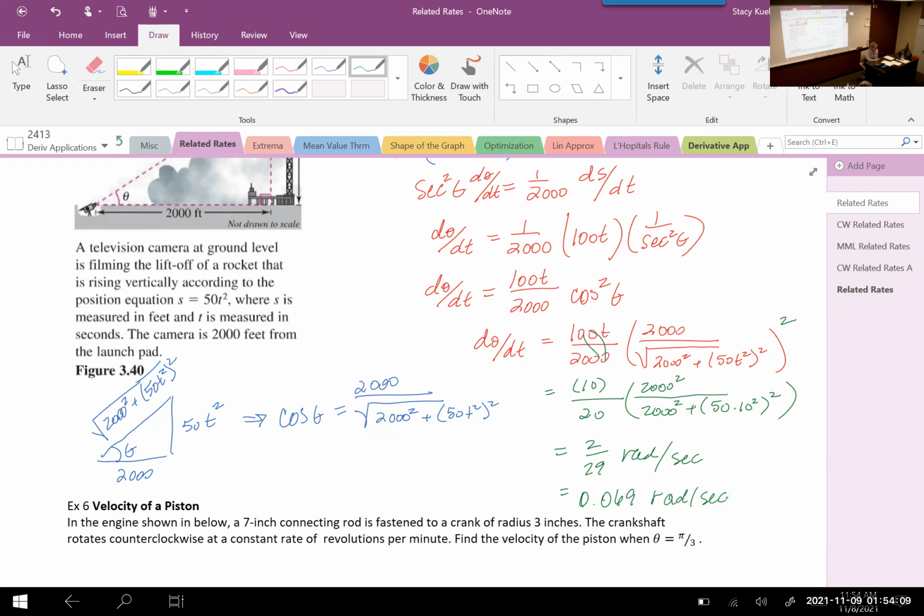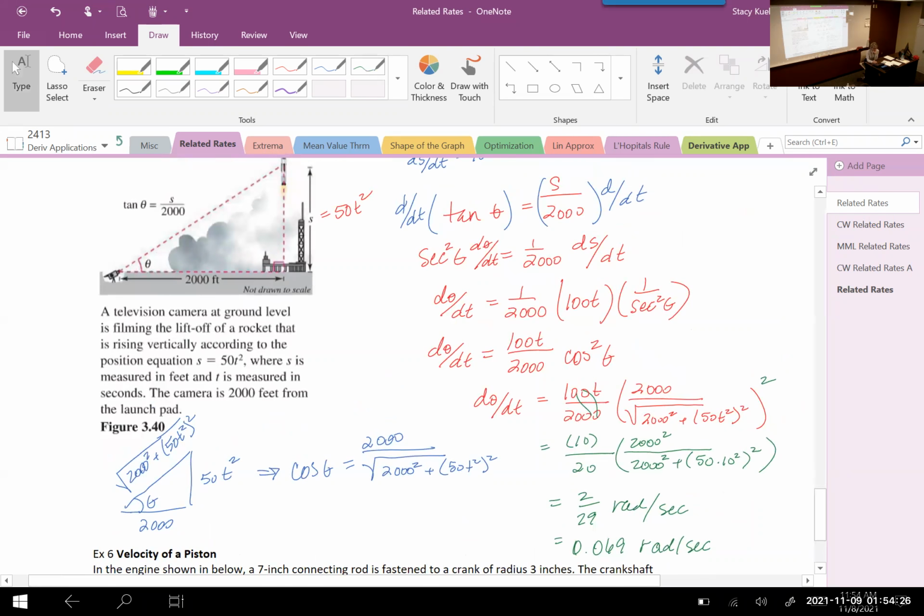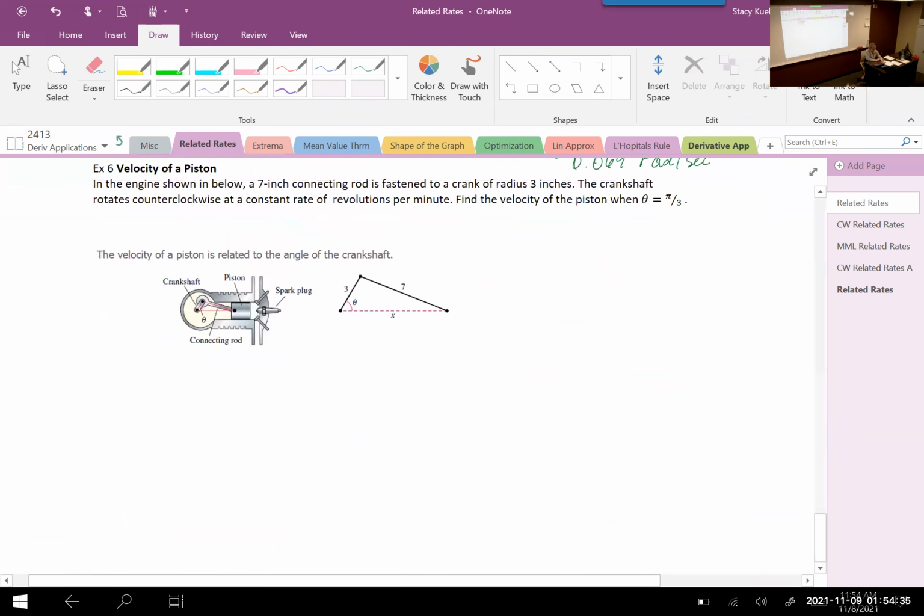It depends on if they ask you to give it as a reduced fraction. So sometimes, even though you have known information, you have to go back and see, what am I missing? How can I fill in some of these extra blanks? Okay, the last problem that we have on here.